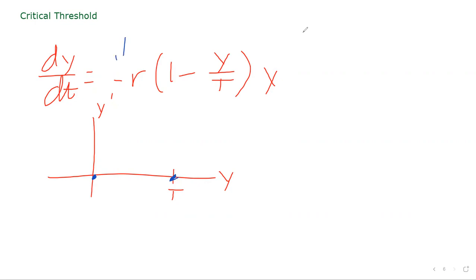Now in this case, we have a negative out front, so that's going to flip things around. So an easy way to look at this is anytime you have a positive value, so y prime is positive, it's going to increase. And then these are going to all decrease. And now you can label this t over 2 if you want, just as a nice reference point. It doesn't really mean much for us, but it helps add some scale to the graph.